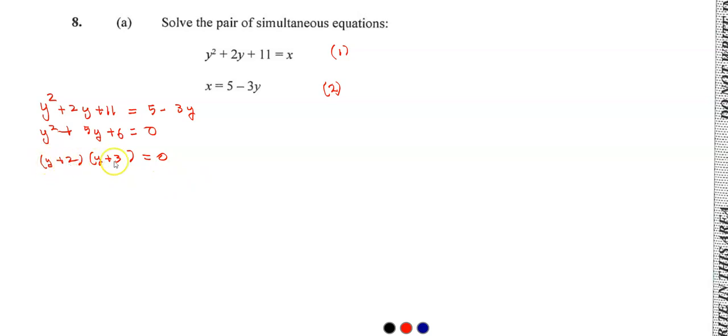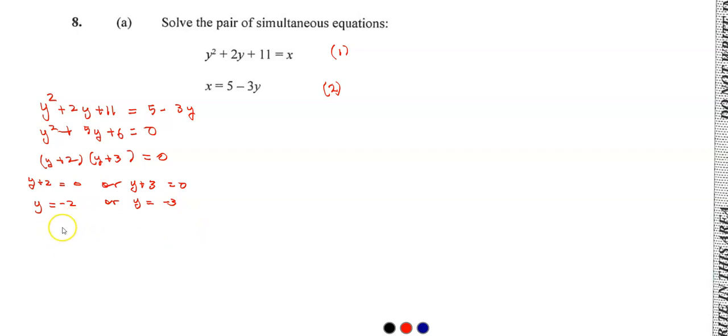We have two things multiplying to give us 0, which means that either of them could be 0. Hence, y plus 2 equals 0, or y plus 3 equals 0. So we can solve for y. So y equals minus 2 or y equals minus 3.